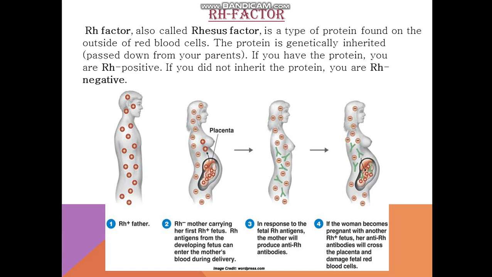Clear? So due to this, the second pregnancy will be problematic and will need treatment if it has to be continued. This condition is called erythroblastosis fetalis. Clear? It is because of the Rh factor incompatibility between the parents. Okay.